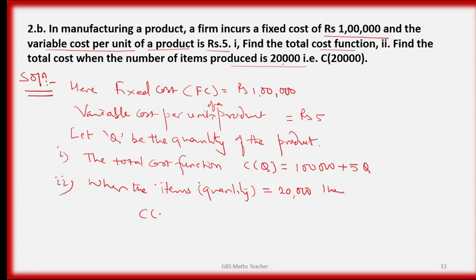In this way we can find the solution for this question, dear students. Okay, now moving to the next part, dear students.